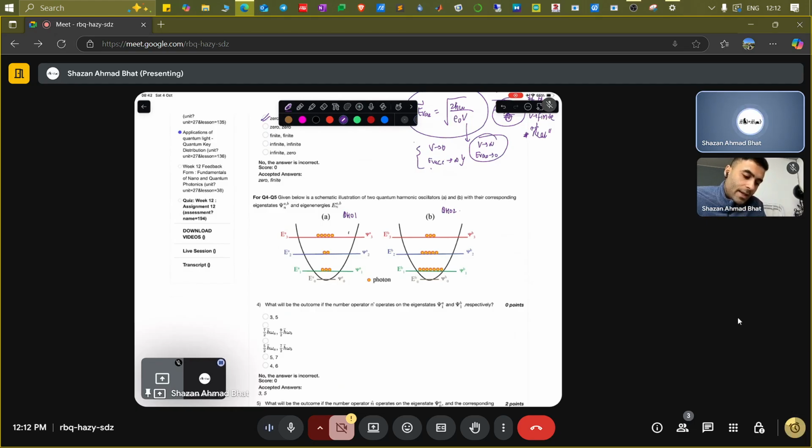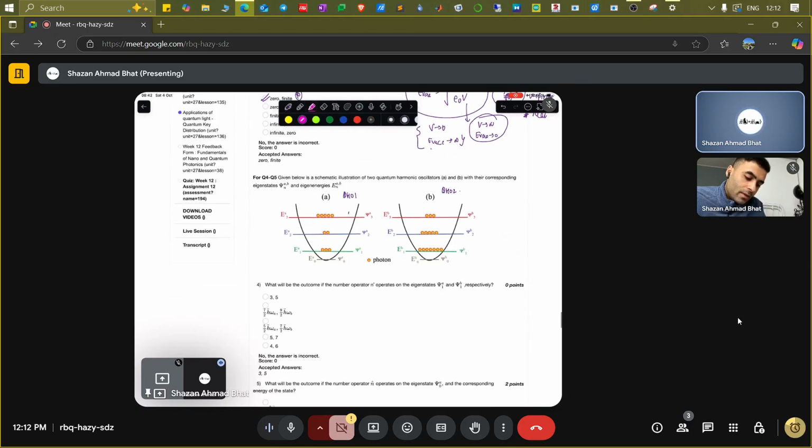We are given the eigenstates of it, and we have to show what will be the outcome if the number operator operates on these states. What if a number operator operated on psi 0 of A? We get some number, which is basically the number of photons, and psi 0 of A back, which is the eigenvector.